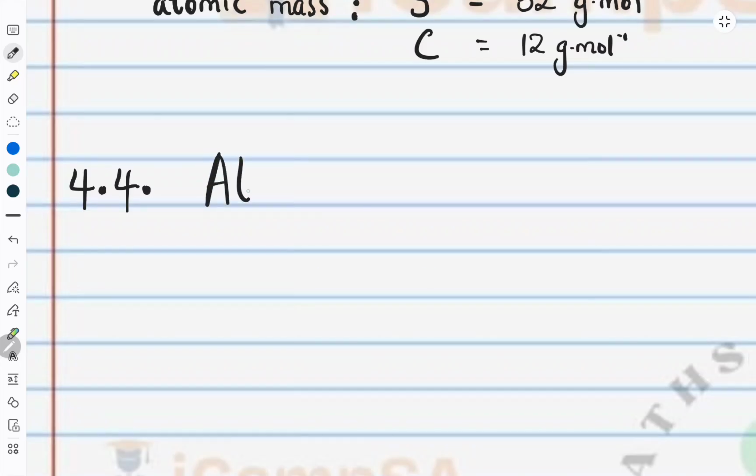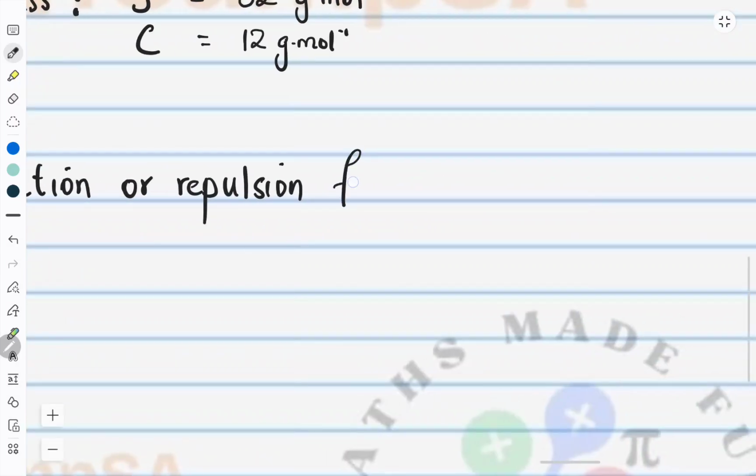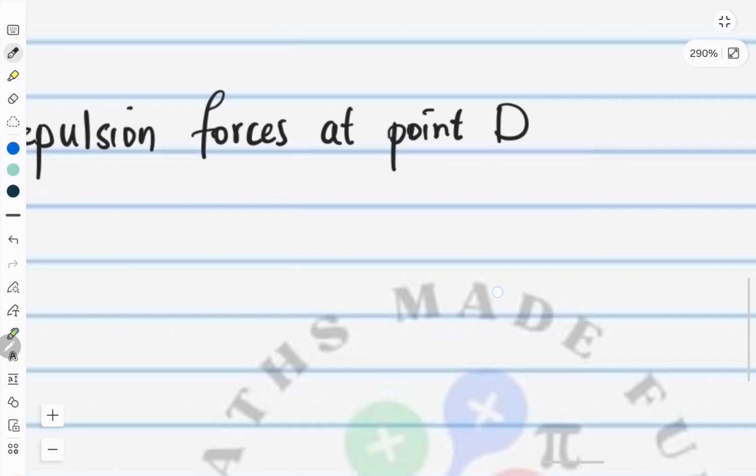Let's use both attractive or repulsion forces. You can either say they are zero or they are weak.